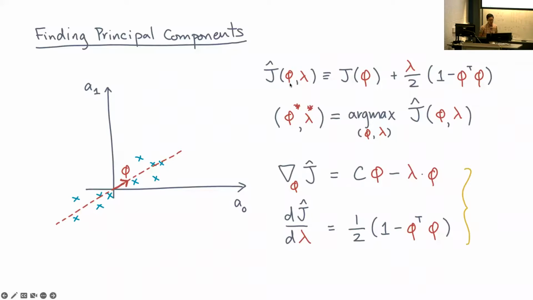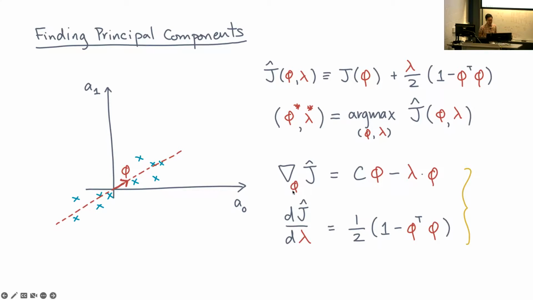If you take the gradient of J hat with respect to phi, what you will get is this thing, C times phi minus lambda phi. This is a vector expression, which is what you would expect when you take the gradient of a scalar function. And then the partial derivative with respect to the Lagrange multiplier is this thing, 1/2 times (1 minus phi transpose phi). Then again, to find the extreme points, we set these to 0. Now you can see why we incorporated this constraint the way we did.